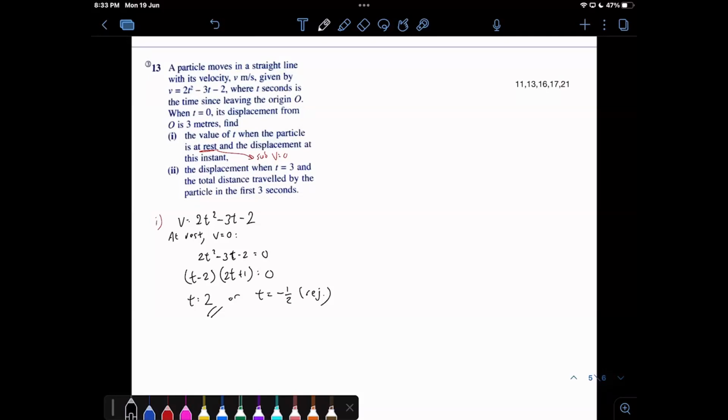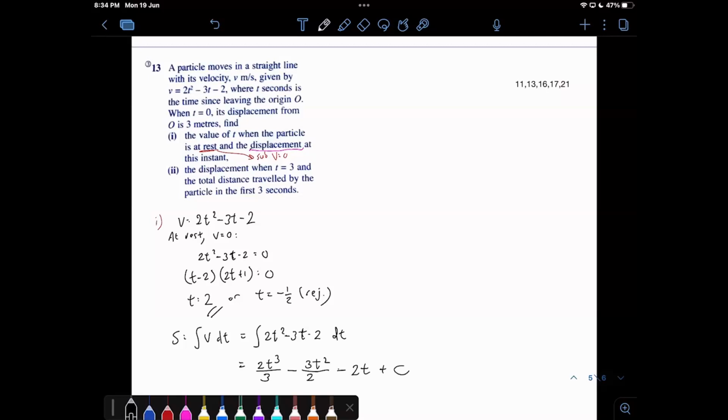This question is very greedy. They ask for two different things. So let's find the displacement now. S equals the integral of v dt, which means you integrate. We get 2 over 3 t cubed, minus 3 over 2 t squared, minus 2t, plus c.